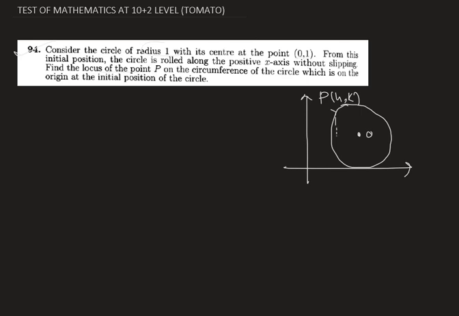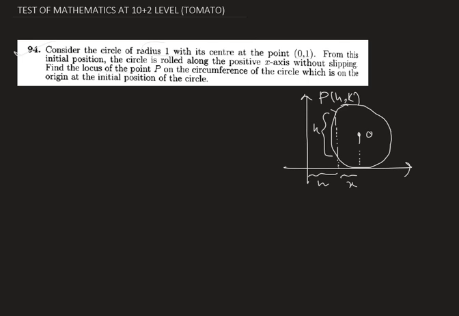Therefore, this is k and this is h, and we draw a perpendicular from O on the x-axis, and we name it as x.